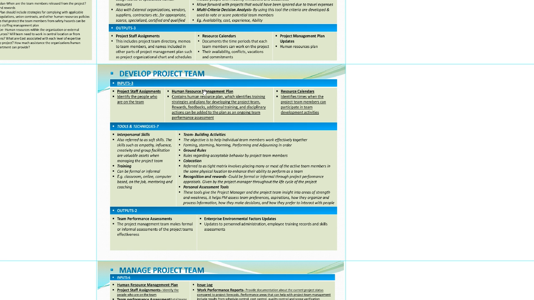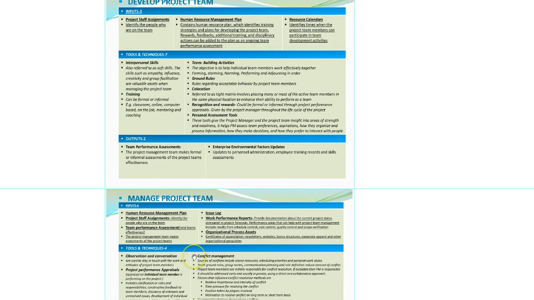So what you have to do is develop this team. Now there are different techniques and tools used to develop the team. You could do team building activities. You could put everyone in one area to work together and help each other. You can give them training. It could be formal or informal training. So all that would go in develop project team.